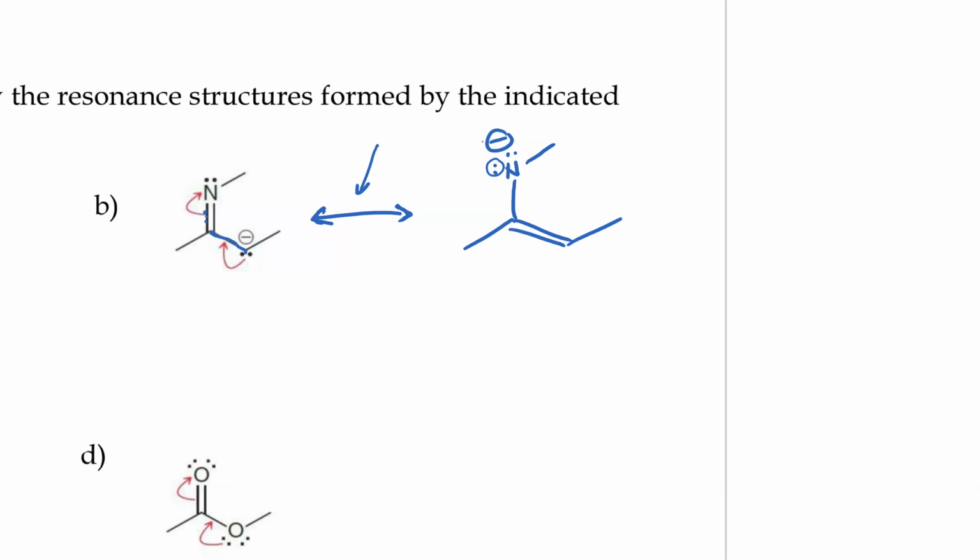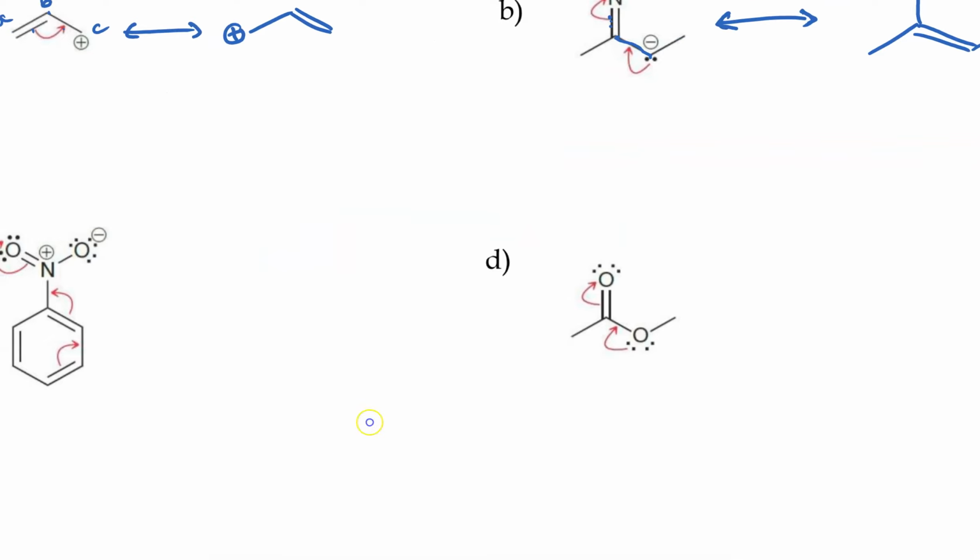So recognize that the formal charge overall is not changing. It's which atom is carrying the charge that changes in the different resonance structures, but the overall electron density of the molecule needs to remain the same, or the overall charge is supposed to remain the same.